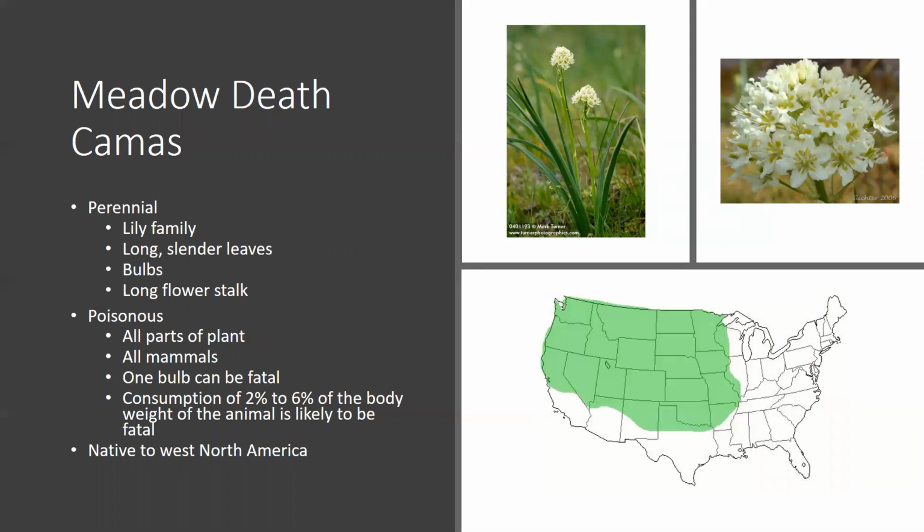And this is native to West North America, so it's actually not invasive. It's just native to this range, but it's considered a weed because of these characteristics that make it not desirable in the eyes of a human because of the toxic effects that it can have on cattle.